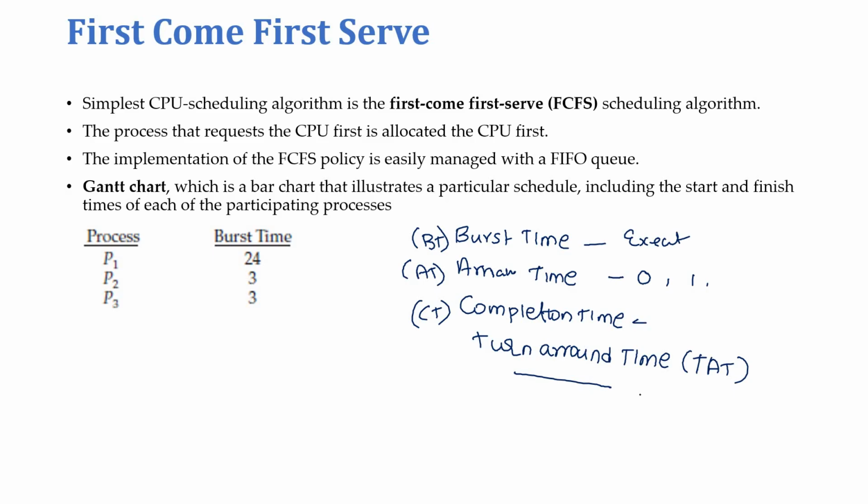Turnaround time is easily calculated as waiting time plus burst time. So TAT equals waiting time plus burst time.